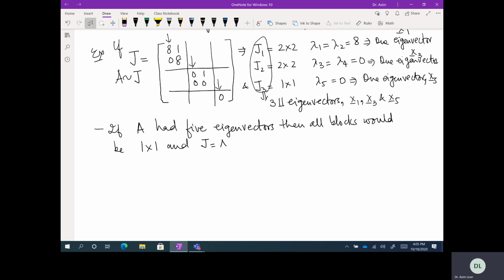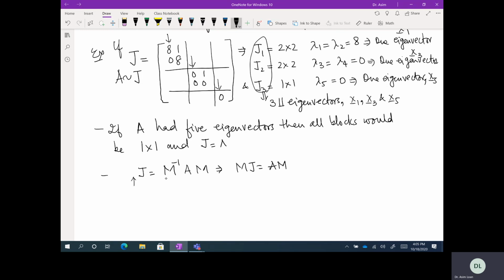Since J is equal to M inverse AM, this implies MJ equals AM.